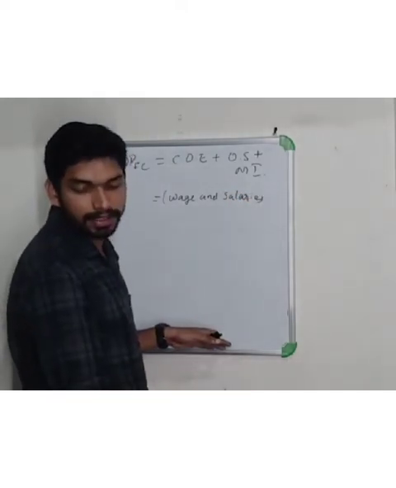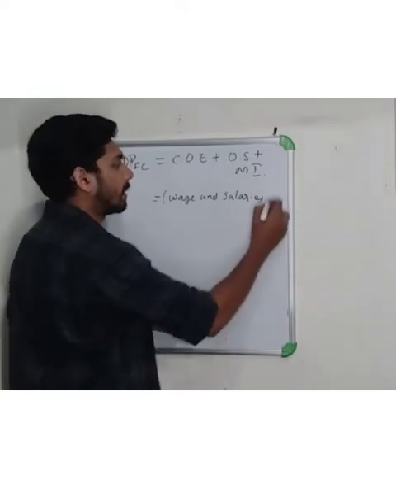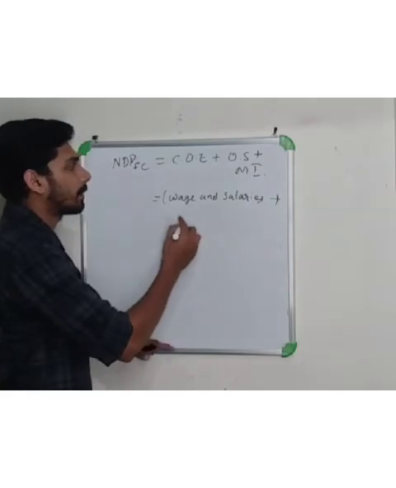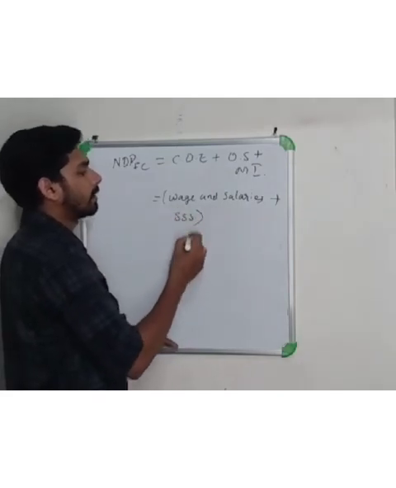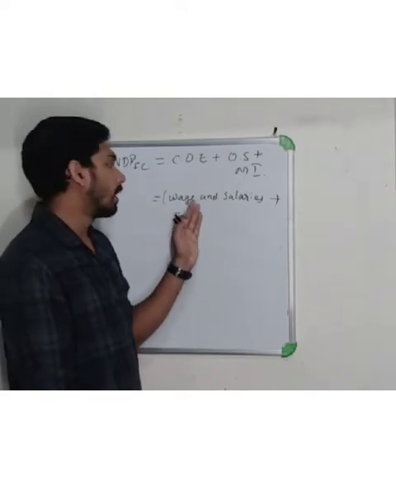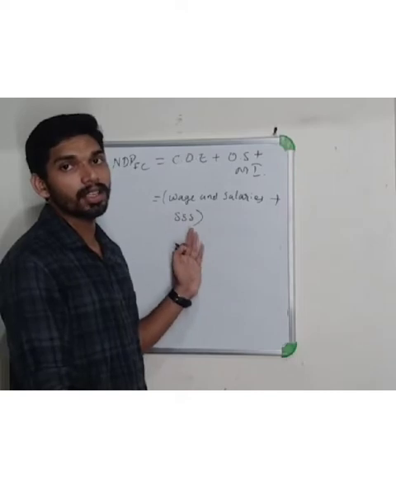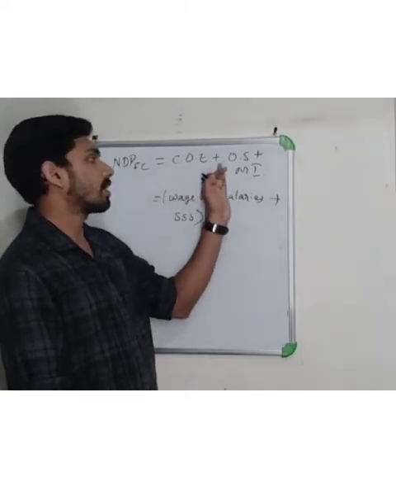Then also there is SSS, that is social security schemes. That is wages and salaries plus SSS, that is the compensation of employees, as per our table.